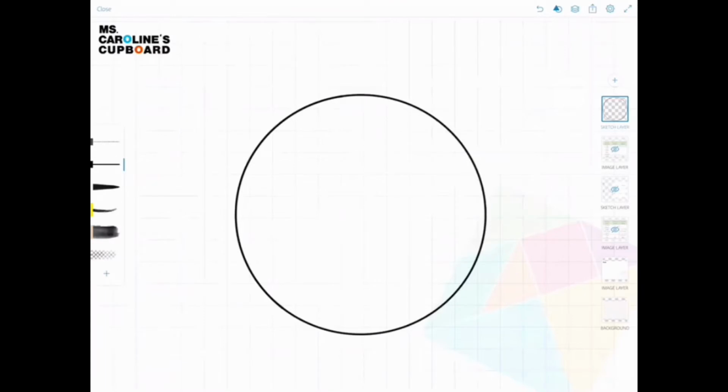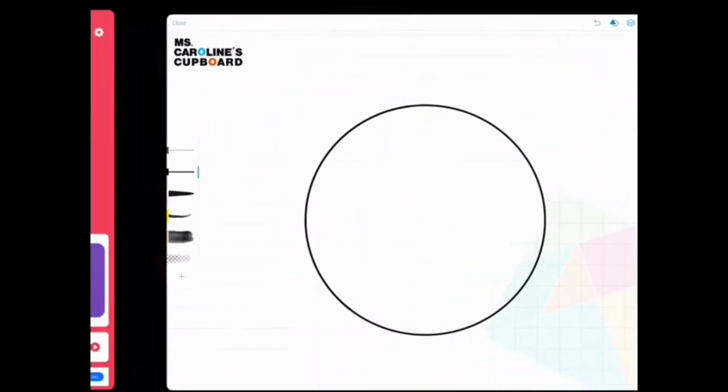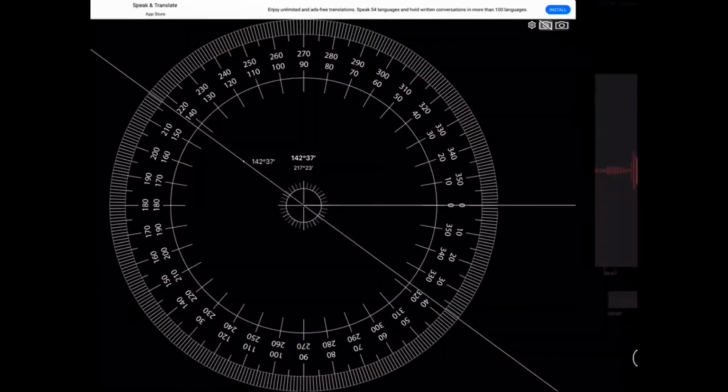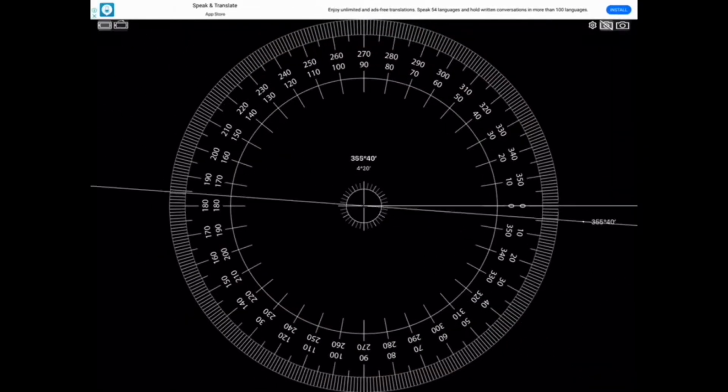Yes. Do you remember our work that we did on this here? Do you remember what this is called? It is a protractor. So, a protractor can tell us something else about a circle. We have a full protractor here.